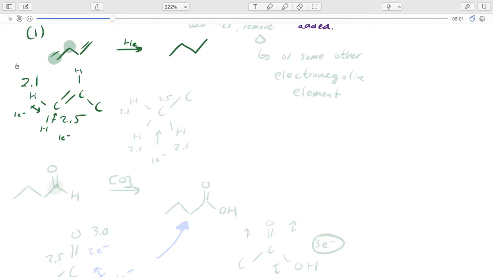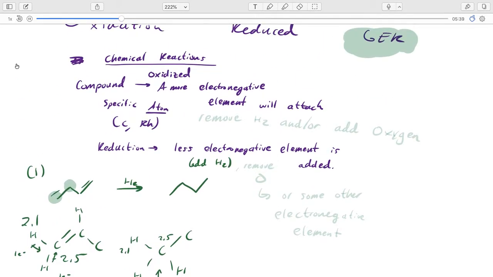When we add both hydrogens across, we have C, C, H, H, H. Again, the CC bond is not making any difference because carbon and carbon have the same electronegativities. But here, we've just added an extra hydrogen. So this is 2.1, 2.1, 2.1, 2.5. Now we've got an extra electron coming in because of the extra carbon-hydrogen bond. So in general, the rule with most organic reactions, if it's a reduction, we add hydrogen or remove oxygen.